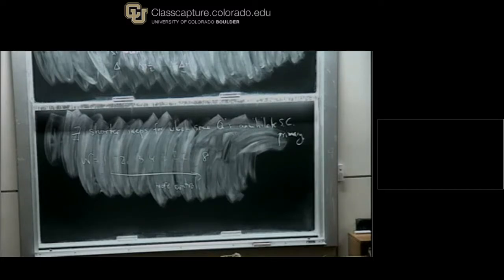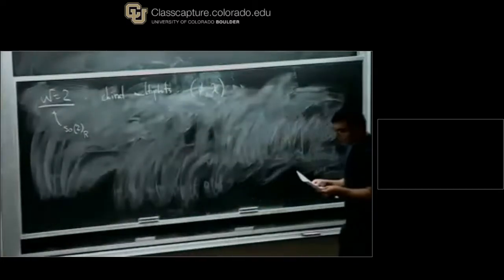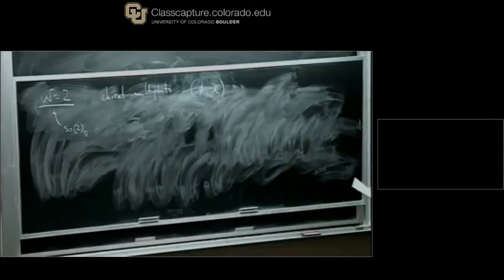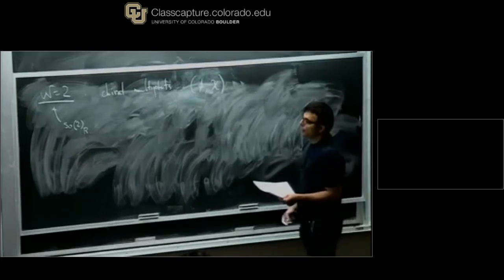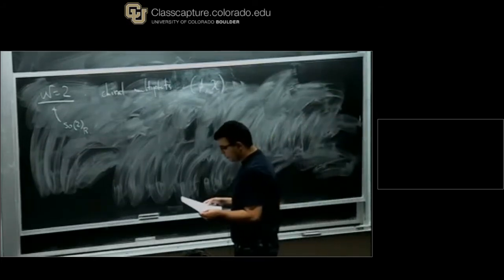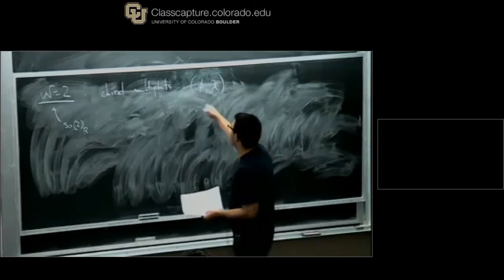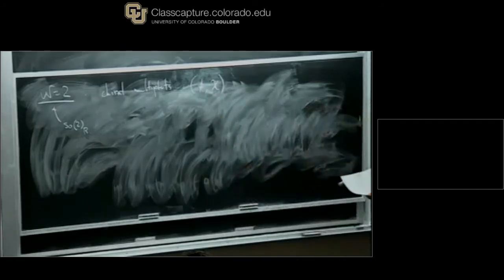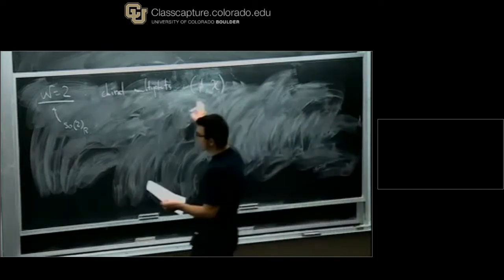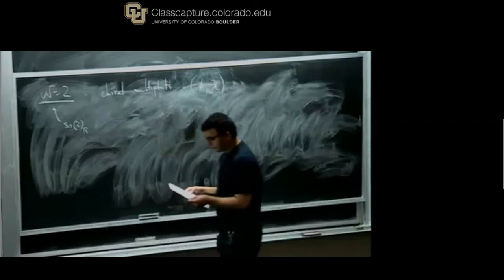Okay. So in N equal 2, the R symmetry is SO(2)_R. In general, it's SO(N). In this case, it's SO(2). And one can work out unitarity bounds just like for conformal field theories. One finds that if you want your operator, the superconformal primary, to be annihilated by half of the Q's, then its scaling dimension is fixed in terms of its R charge, meaning the charge under this SO(2)_R.